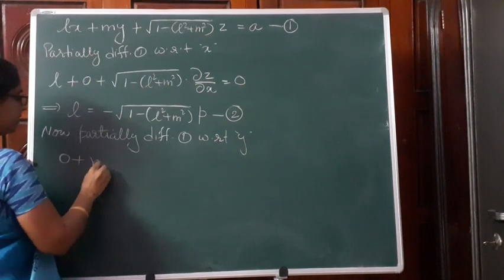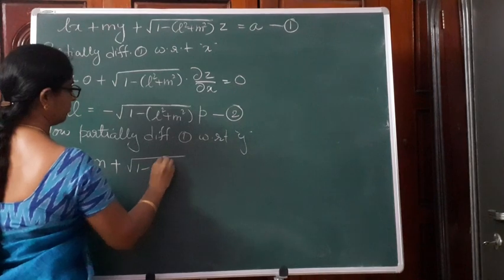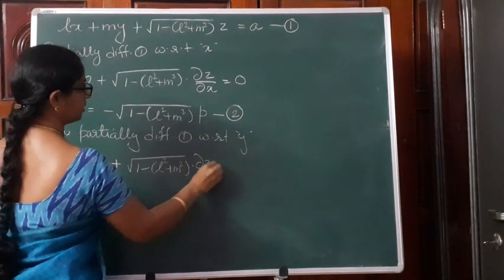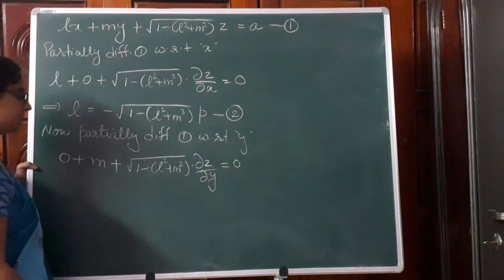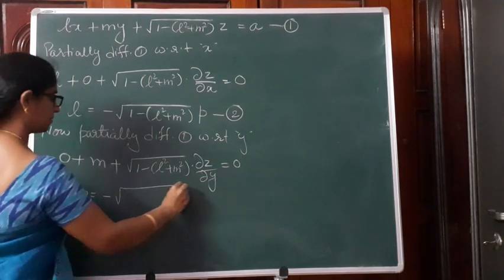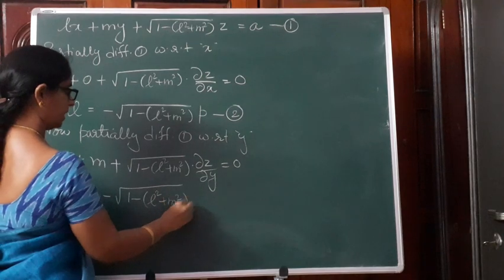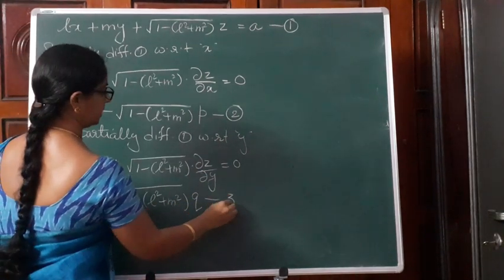Derivative of M into y is M, plus square root of 1 minus (L square plus M square) into derivative of z with respect to y, dou z by dou y, is equal to derivative of A, which is 0. That means M is equal to minus square root of 1 minus (L square plus M square) into dou z by dou y, which is q. Let us call this equation 3.